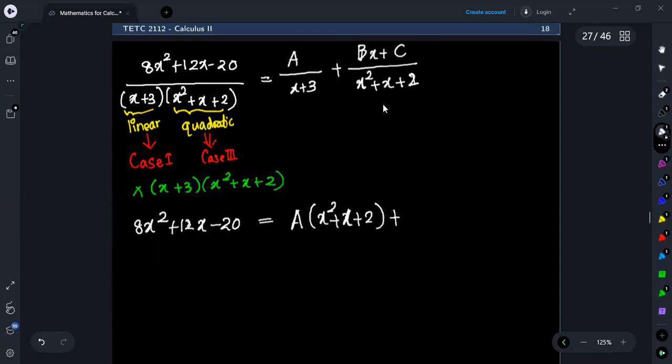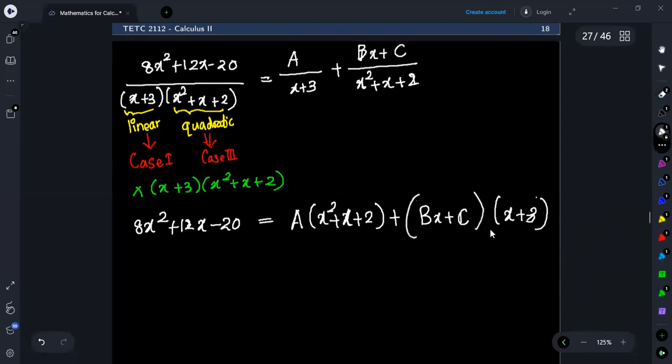Then if we multiply the last fraction, we obtain (Bx plus C) times (x plus 3). Here you have to be careful. You need to put this parenthesis, otherwise your expression will be wrong. If we do not put the parenthesis, you may think you are only multiplying by C, but we have to consider the product of the entire expression by this factor.